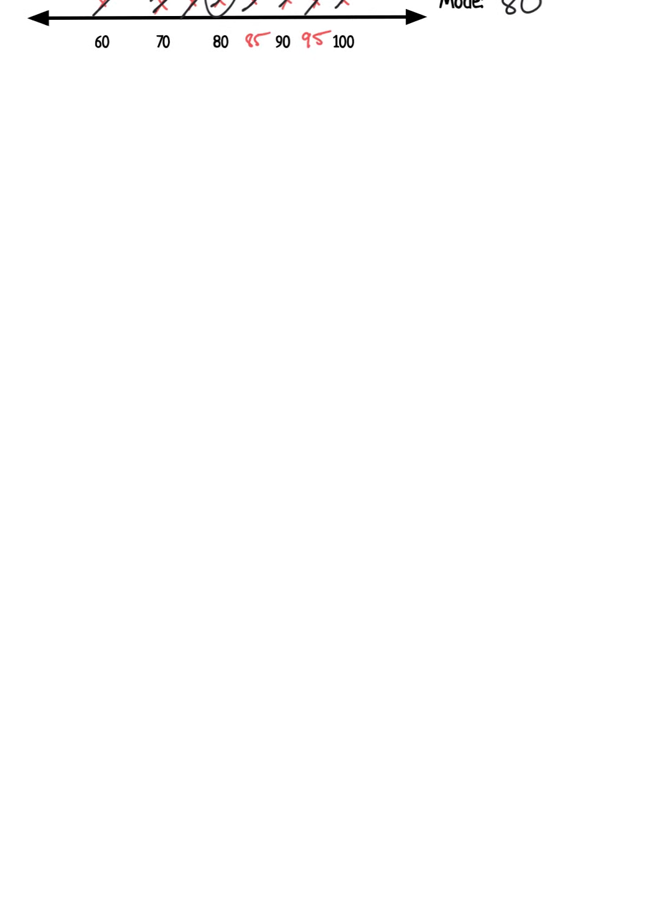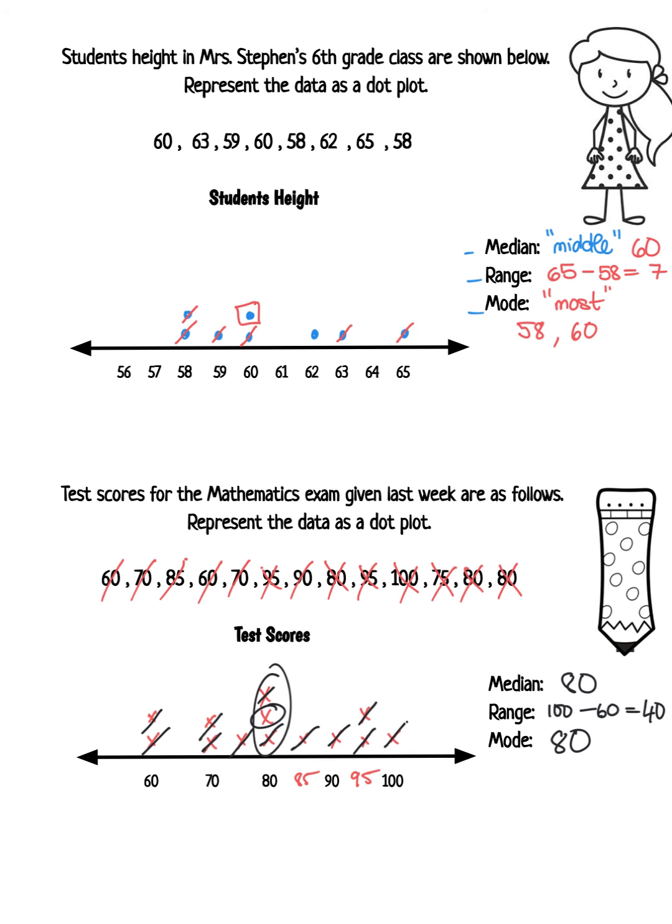Okay, so we just learned how to find the median, range, and mode. I also want you to challenge yourself to find the mean. For these 2 problems, with a dot plot you can find the average as well.